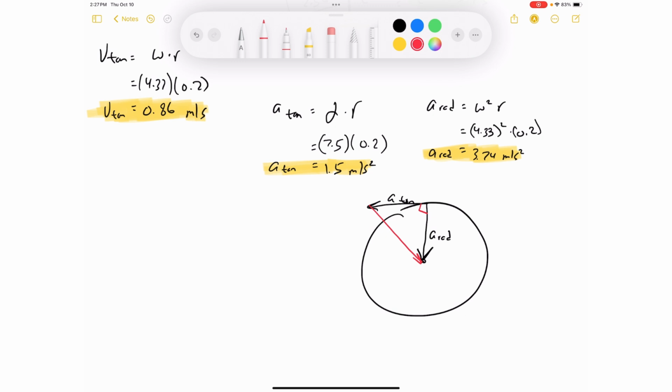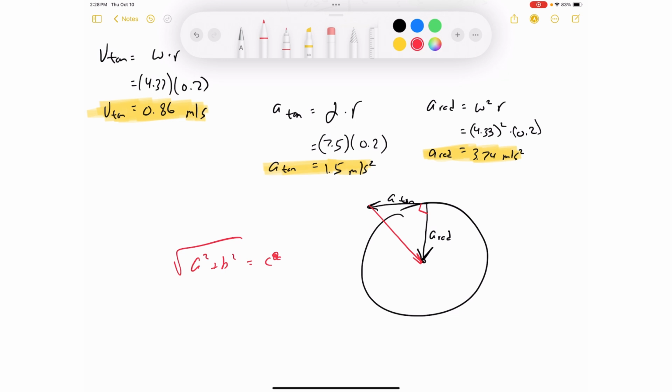Remember Pythagorean theorem, a squared plus b squared equals c squared. If you want to find c, you just take the square root. So you basically take the tangential acceleration, square it, take the radial acceleration, square it, add them together, take the square root. It's just Pythagorean theorem. Then you can find the overall acceleration, i.e. the length of this other arrow.